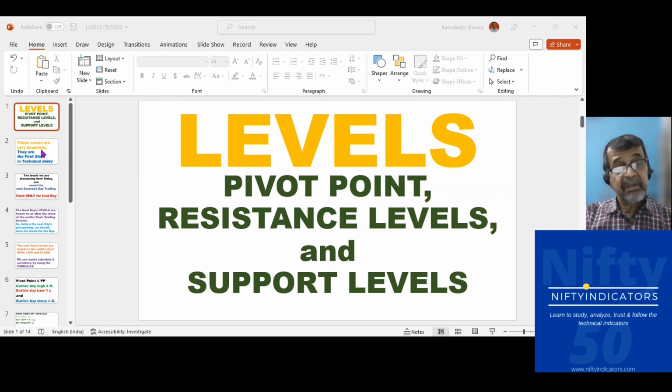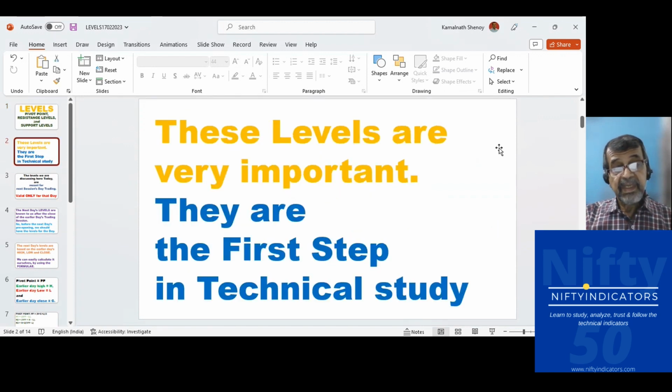So let us look at these. These levels are important. They are the first step to learn in technical study.